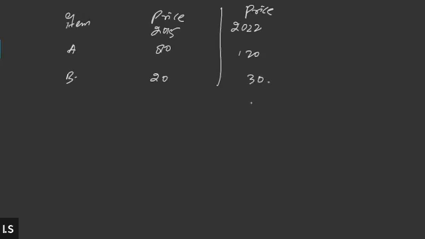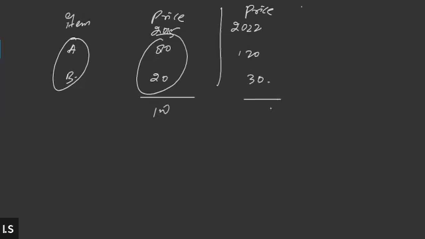Now I wanted to know collectively how much there is a change in price of commodity A and commodity B. So for that purpose, I can use index number. And how index number works, let me tell you. We basically add the price of the commodities in the year 2015 and the sum total of it will be 100.